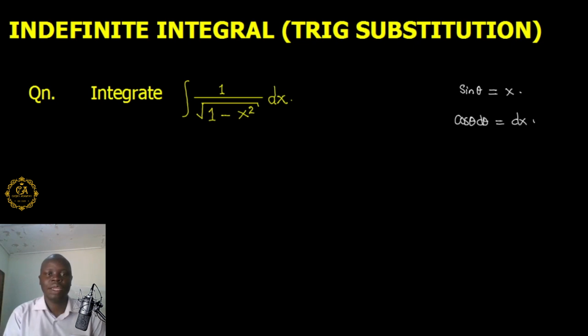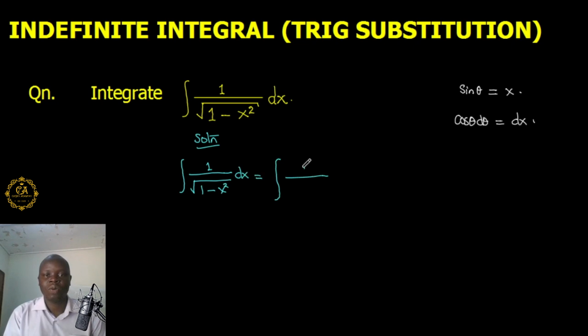So how do you do that? Let's start with our solution just near here. So we can write our integral of 1 over the square root of 1 minus x squared with respect to x as follows.